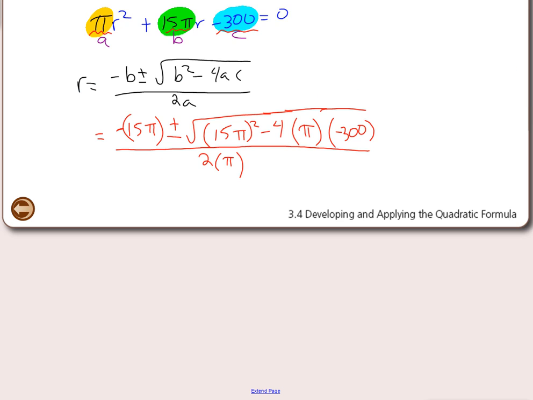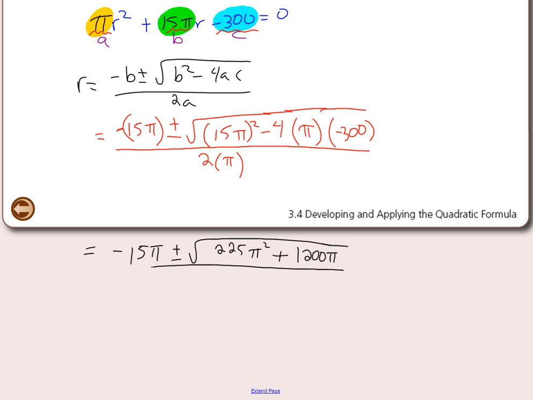We now get negative 15 pi plus and minus the square root of 15 squared, 225 pi squared, plus 300 times the 4, 1200 pi, all over 2 pi. No, you can't cancel off those pi's. They got to stay there. That's actually as far as we're really able to take it.